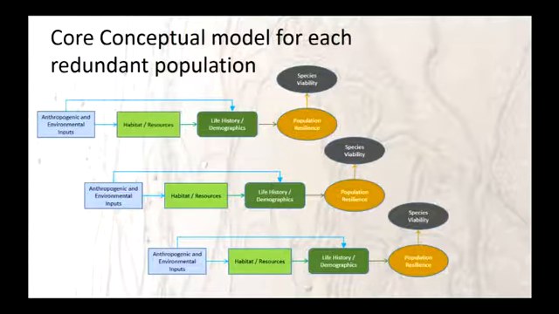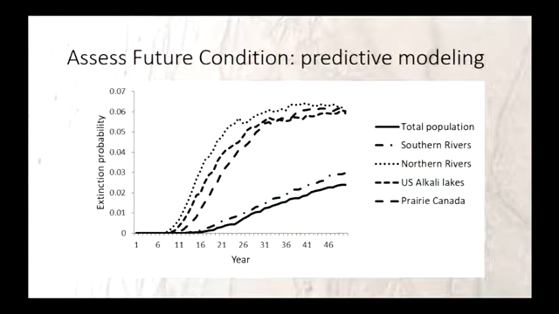And then the next step, we can do that across multiple populations so that we can replicate that sort of assessment for several of our populations to see if the species is then going to have the viability it needs.